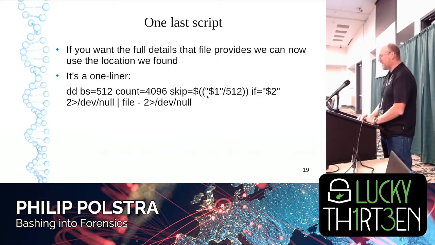I'm going to skip ahead to whatever offset you gave me divided by 512. Again, I'm using that little trick, doing math in the shell. My input file is going to be the second argument you gave me. Any errors go to the big black hole known as /dev/null. I'm going to pipe that to file -, and errors go to /dev/null again.